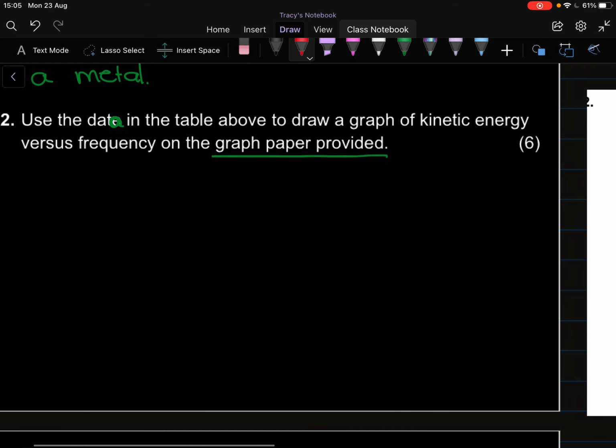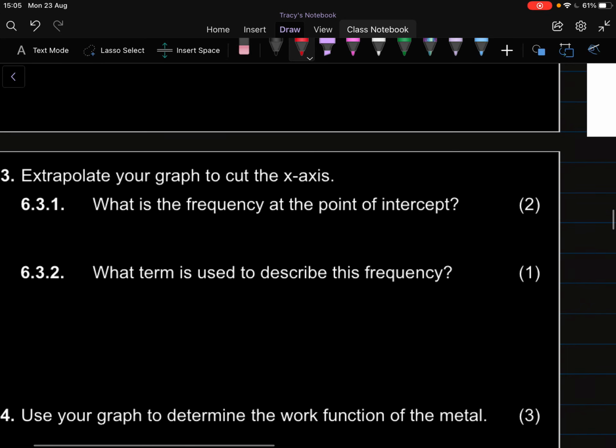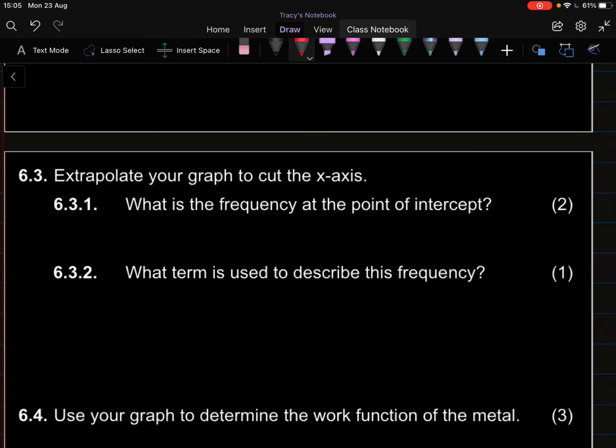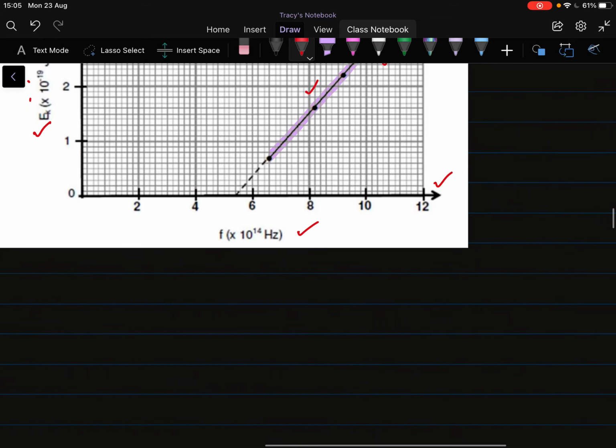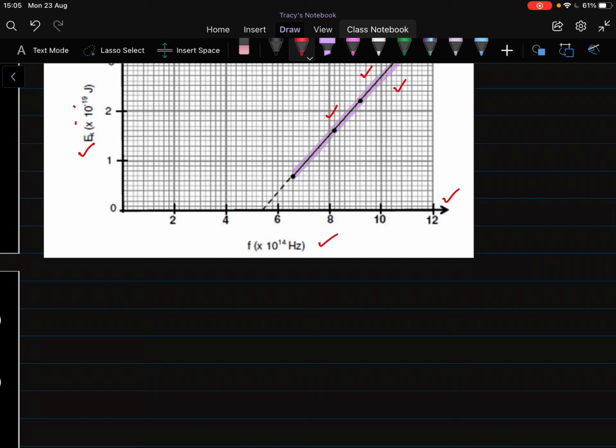So then they say to us, extrapolate. That just means take it backwards. Extrapolate your graph to cut the x-axis. What is the frequency at the point of intercept? So take your graph, use your pencil and draw it backwards. That's this point, and they want you to read it off.